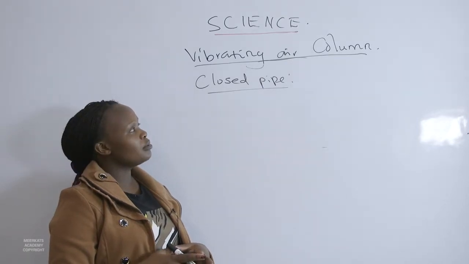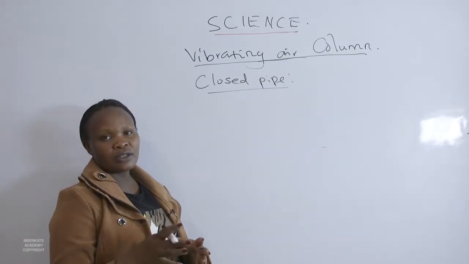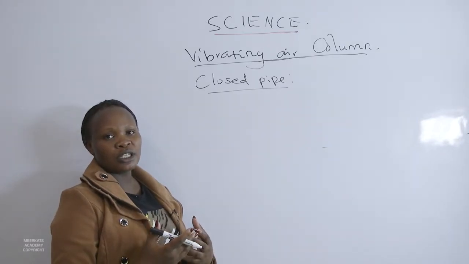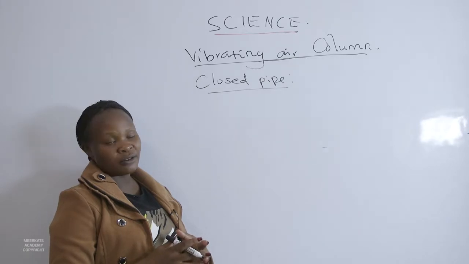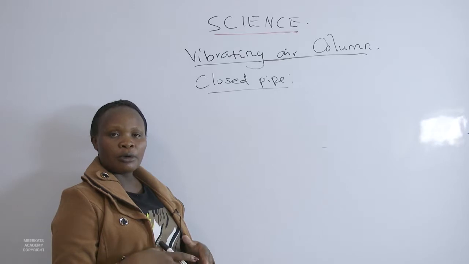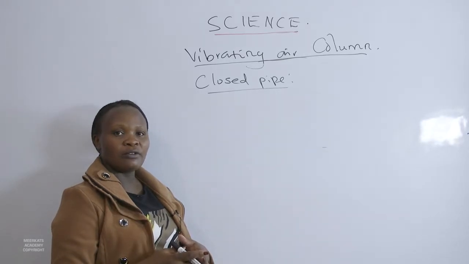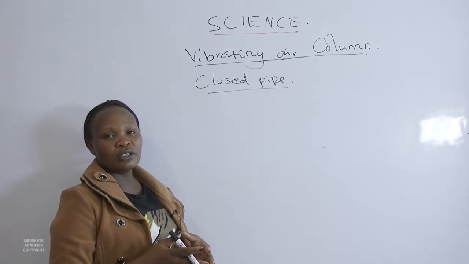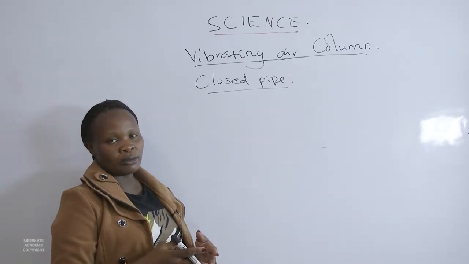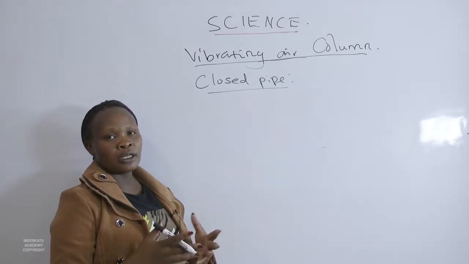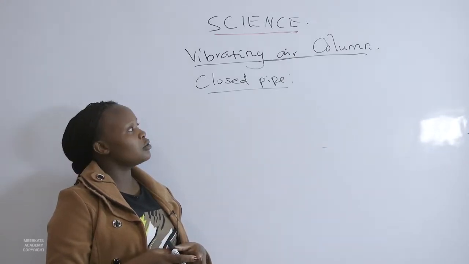Of utmost importance is for us to understand how we can generate a stationary wave from this vibrating air column, probably compare it with the vibrating string, and find out how the two differ.